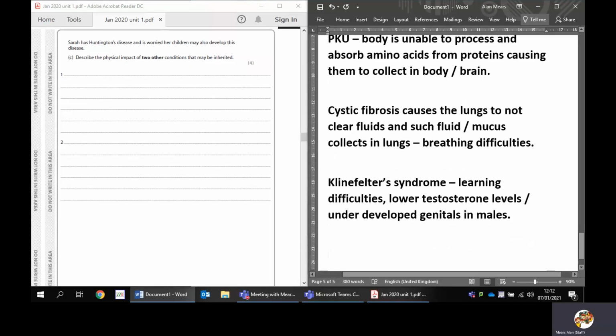The only one, when I looked at the mark scheme for this, they talked about Down syndrome and counted it as an inherited condition. I'm unfamiliar with that. My understanding is that Down syndrome is a sort of change, a mutation in the chromosomes of DNA, so it's a random condition. Babies are born with it, but as far as I'm aware, it isn't inherited.